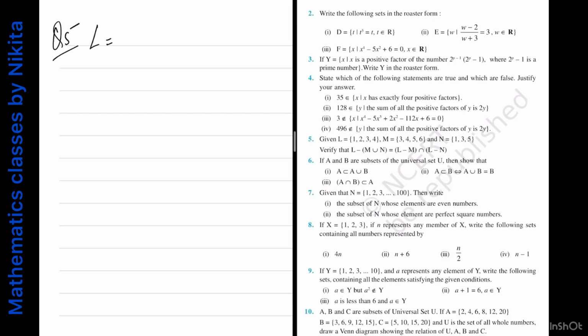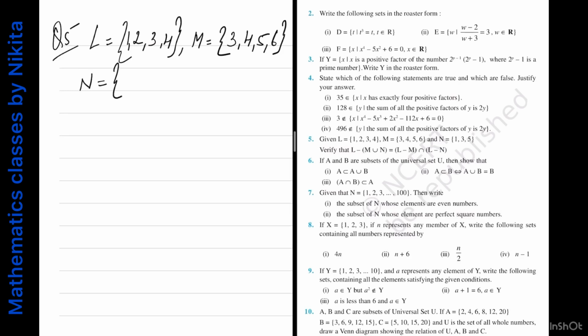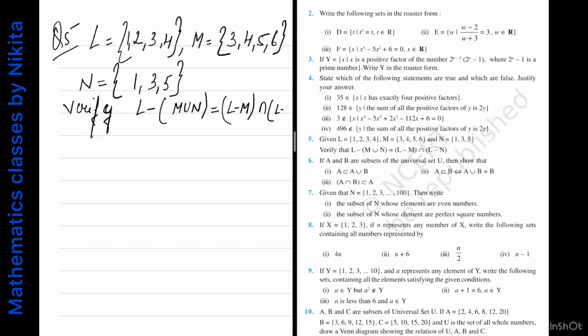L is given to be {1, 2, 3, 4}, M is equal to {3, 4, 5, 6}, and N is equal to {1, 3, 5}, and we have to verify L minus (M union N) is equal to (L minus M) intersection with (L minus N).